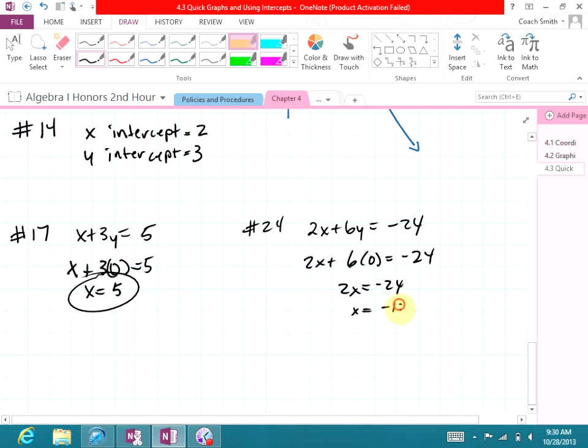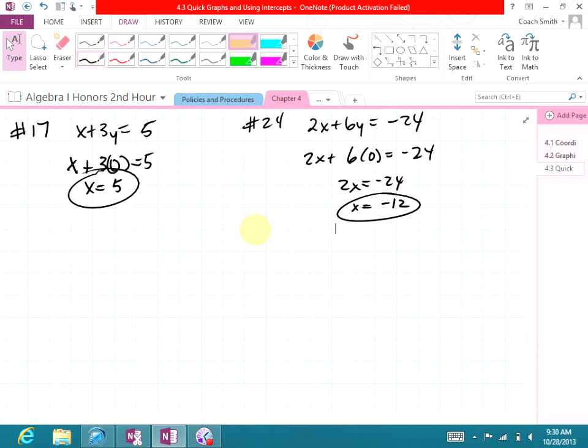X is equal to negative 12. So that's all you have to do on that. Does everybody understand where I got negative 12? Now you can understand why solving equations was so important last chapter. Now, number 26.